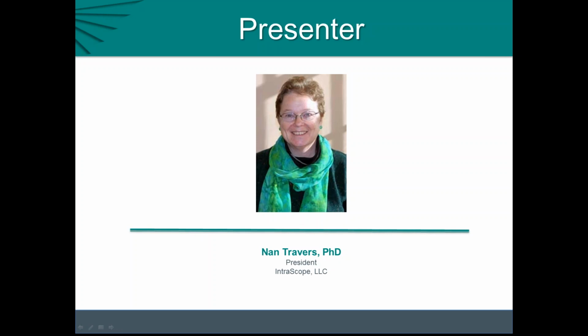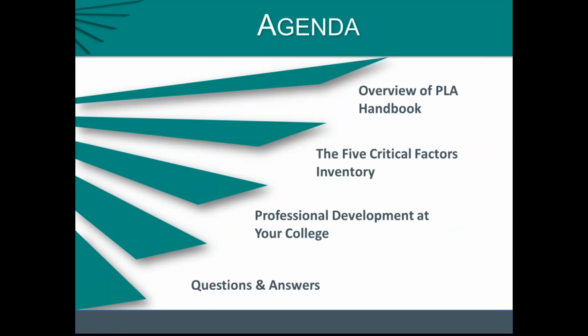Thank you very much, and I'm hoping everybody can hear me just fine. So today what we're going to do is look at some highlights about the handbook. As Meredith mentioned, you will have the handbook in your inbox.